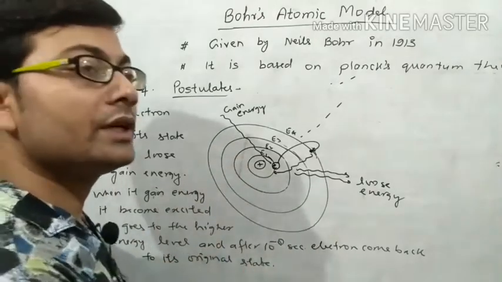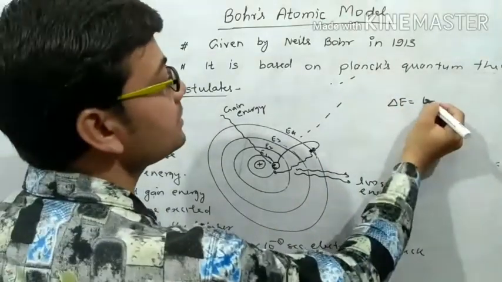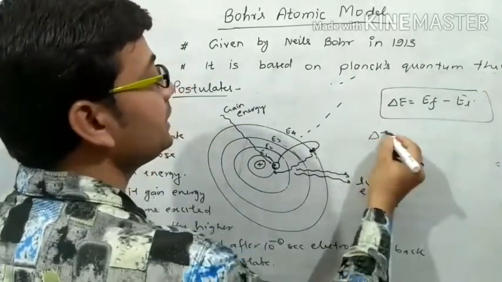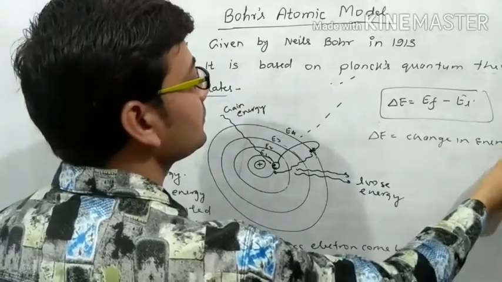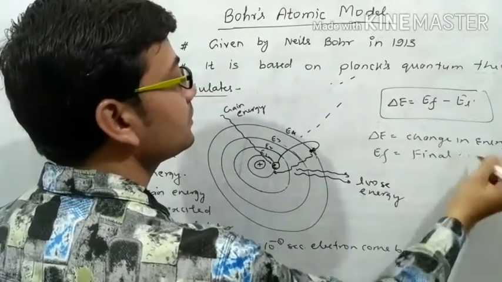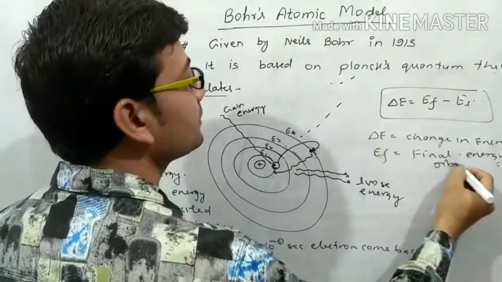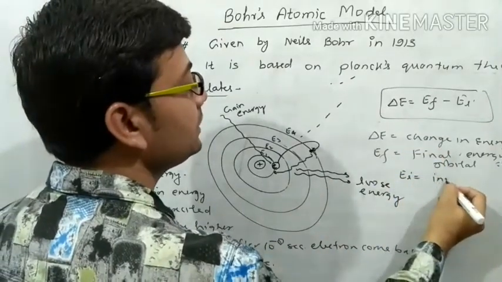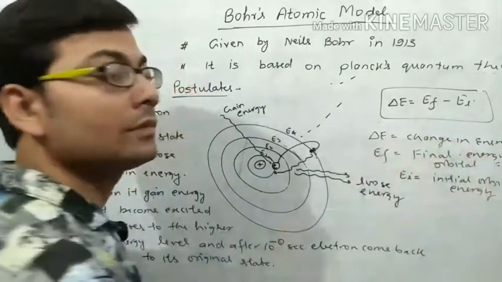So what is the amount of energy it loses? That is delta E is equal to final state minus initial state, EF minus EI. Delta E is equal to change in energy, EF is the final energy of the orbit, EI is the initial orbit energy, right?